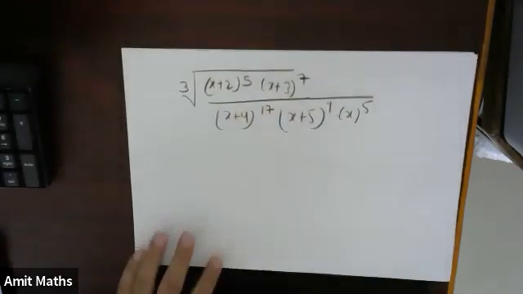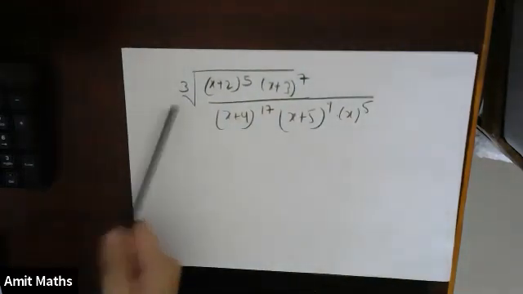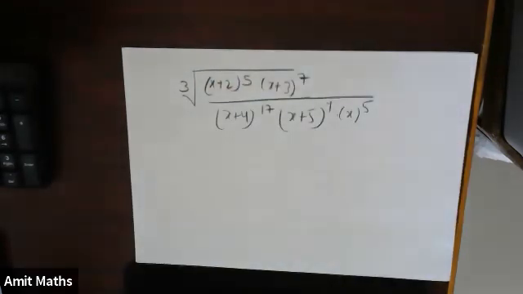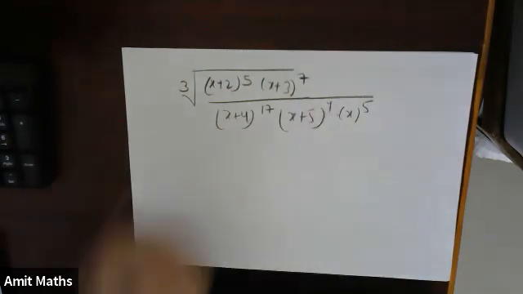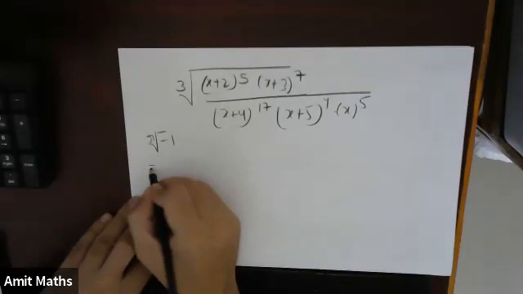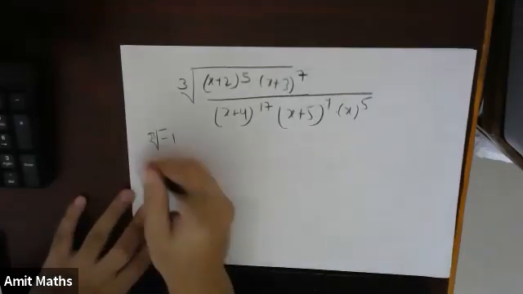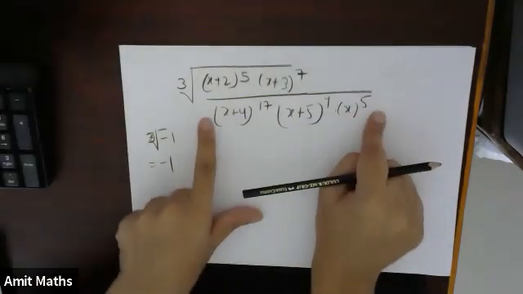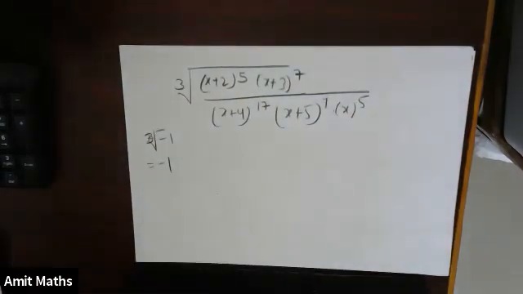Cube root of this thing. Now, odd roots can have negative values inside. Cube root of minus 1 is equal to minus 1. That means odd roots of anything can have negative values inside.